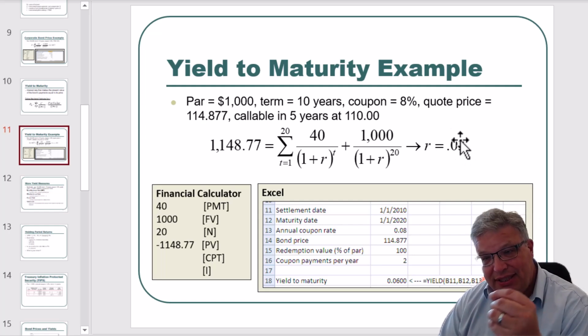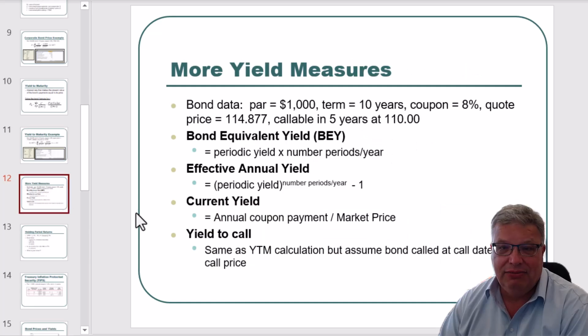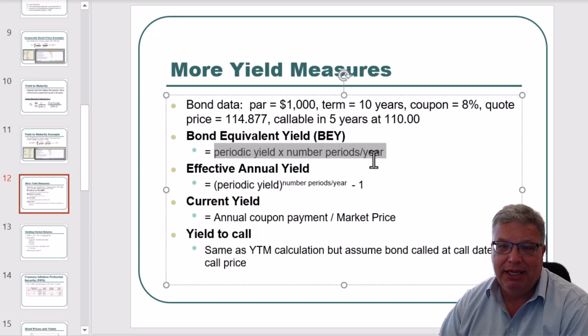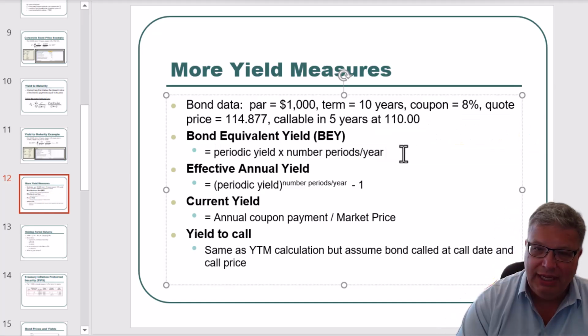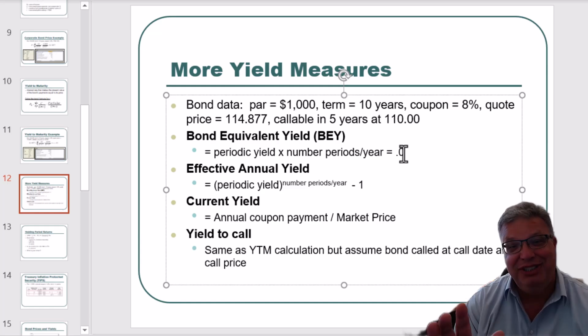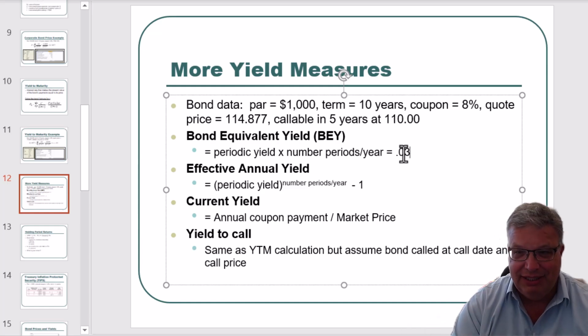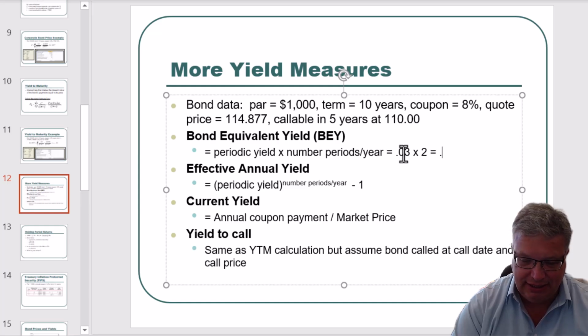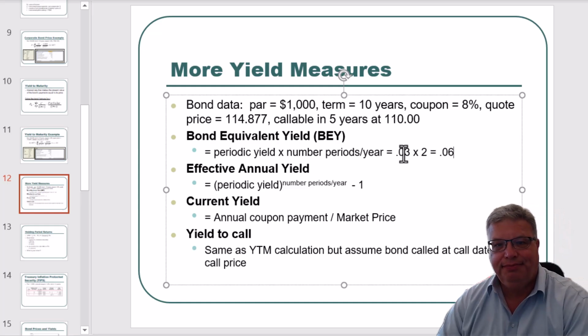It's a 3% yield every 6 months, right? And so you have to take that 3% and multiply it by 2 periods per year, and that gives you the regular yield to maturity or bond equivalent yield that we discuss and use, of 6% in this case, right?